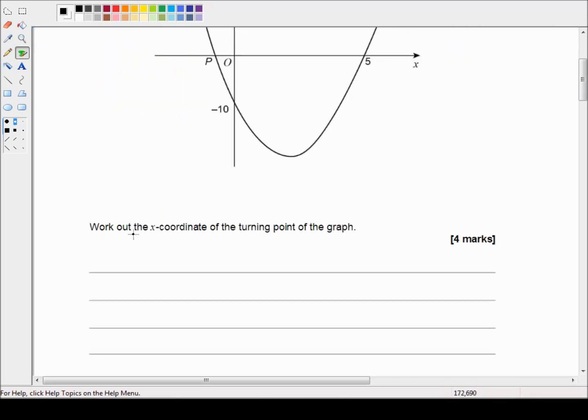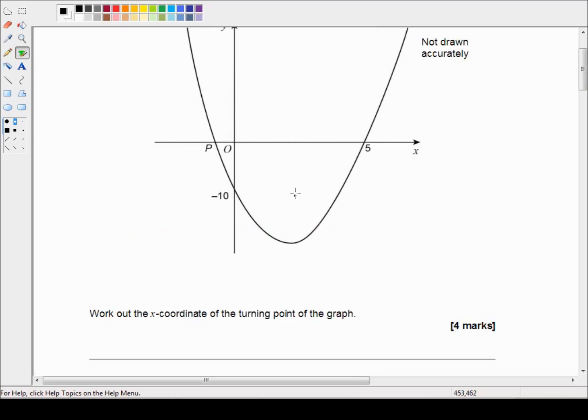Okay, so it says work out the x-coordinate of the turning point of the graph. So what's the turning point of the graph? Well, the slope of the curve is going down until it reaches a minimum point, where it turns around and goes up.